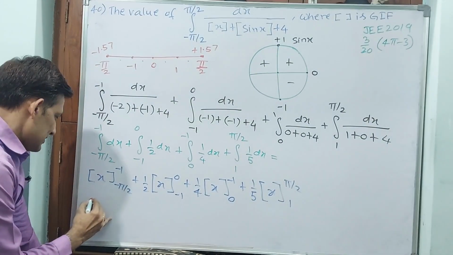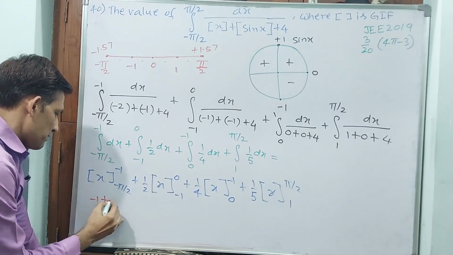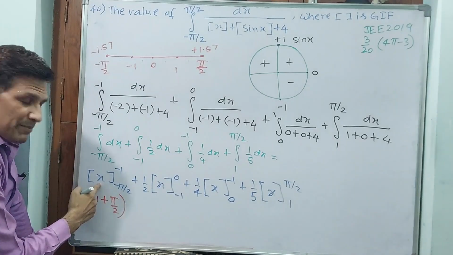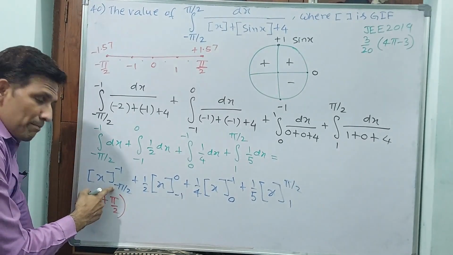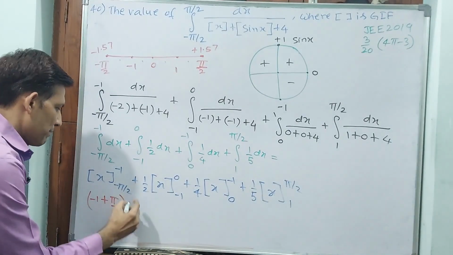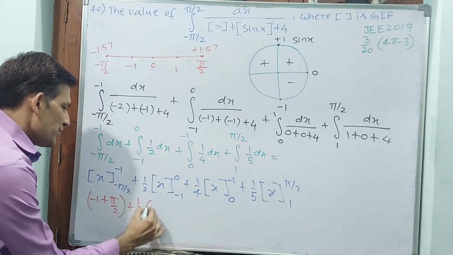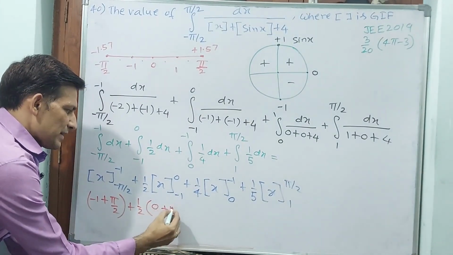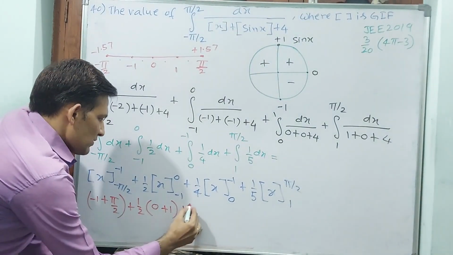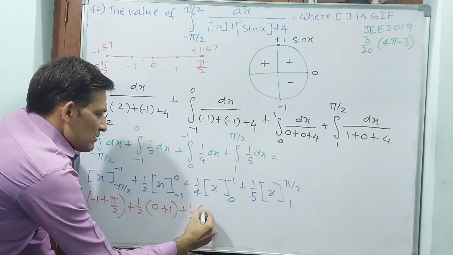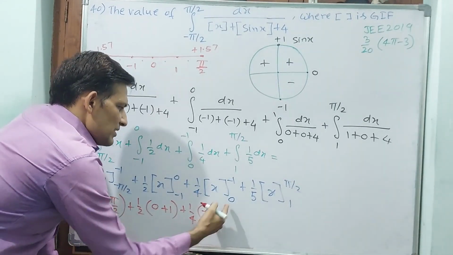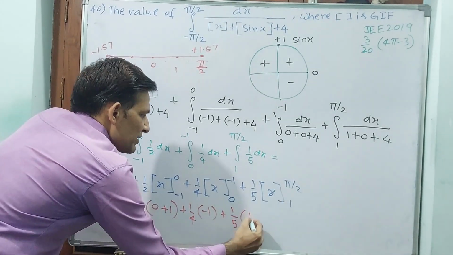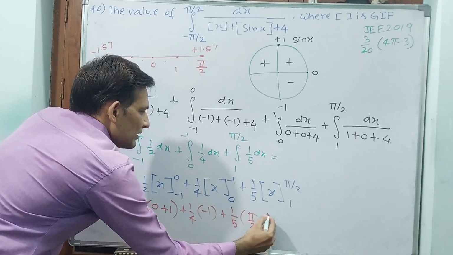See, minus 1, minus of minus, plus pi by 2. Okay? Upper limit minus lower limit, pi by 2 plus pi by 2. Plus 1 by 2 into, see, upper limit is 0, minus of minus 1 is plus 1, plus 1 by 4 into upper limit 1 minus 0, which is 0, you don't consider. 1 by 5, upper limit is pi by 2, minus 1.